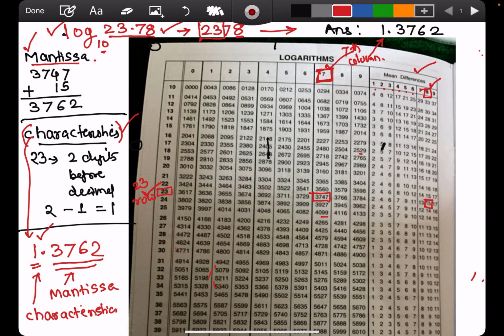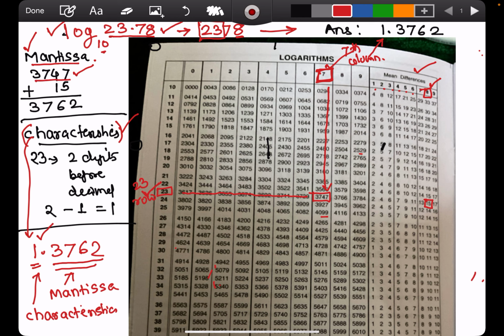Now I find the corresponding value. In the 23rd row, I move straight like this, and in the 7th column I move downwards, and I get a value 3747. So I write that over here. 3747 is my mantissa without differences.